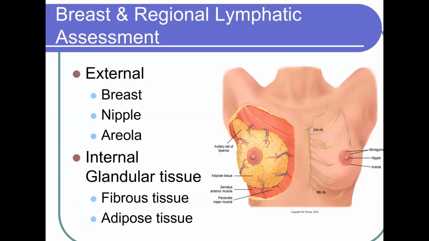Okay, so you have the breast and regional lymphatic assessment. It's composed of the external breast, which is the breast, the nipple, and the areola, which is the pigmented area that surrounds the breast. A lot of times that little area of the nipple may be indented with tiny milk duct openings.